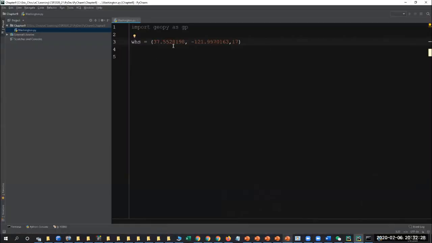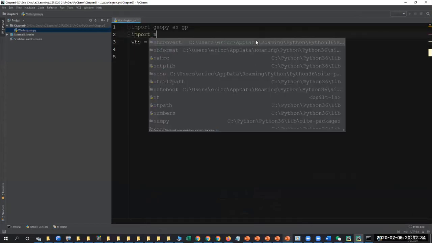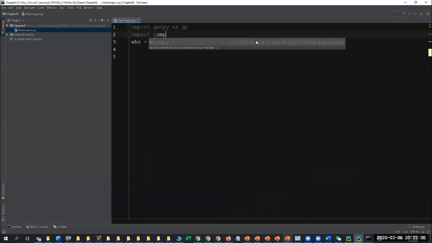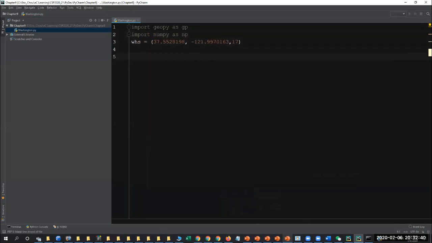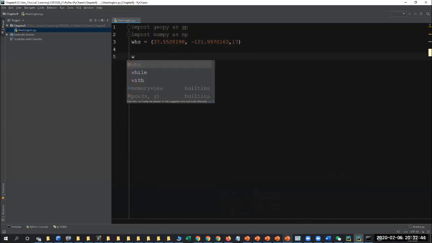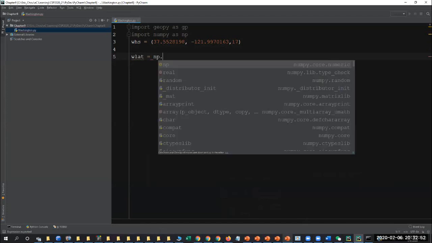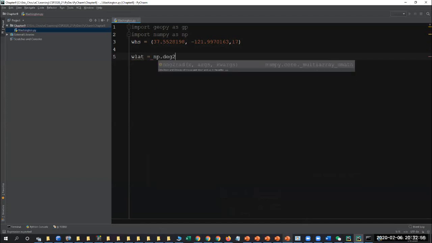So here, let me try this one. I also need to import NumPy as np. So W is Washington High School, so W lat equals NumPy dot degree to rad.